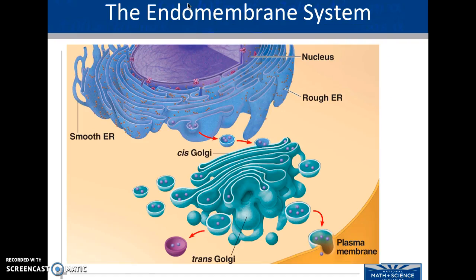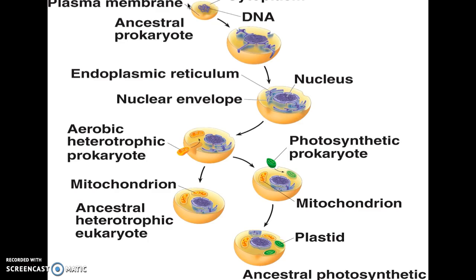We see the yellow plasma membrane. When it gets this little convolution, eventually it can pinch off and become its own vesicle. And then through evolution, we can actually get it becoming its own organelle completely. This is again looking at how that evolution happens.